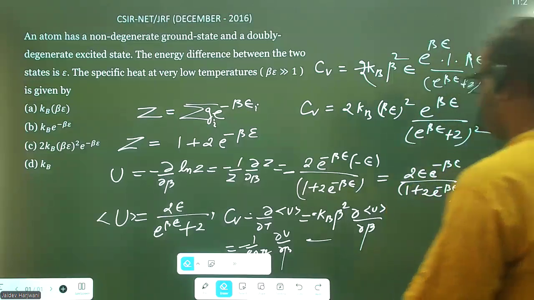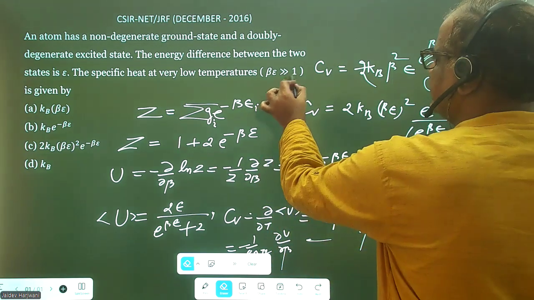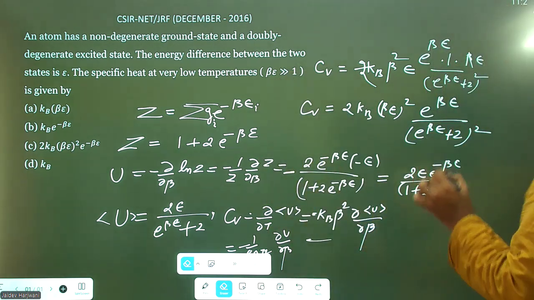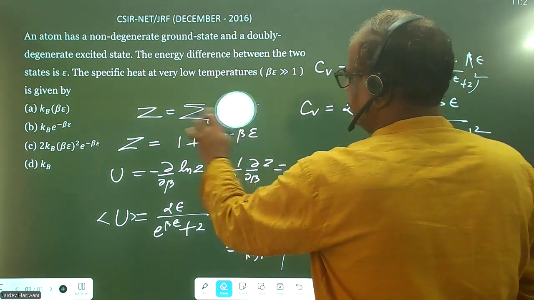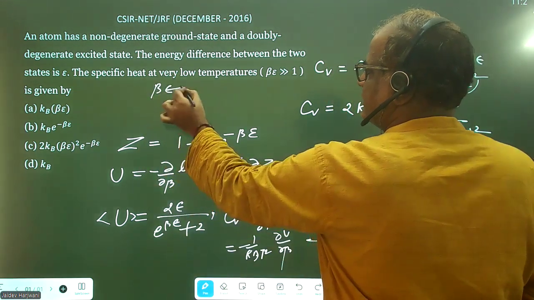Now here beta E is much greater than 1, which is given.